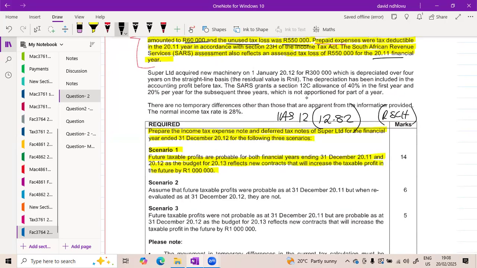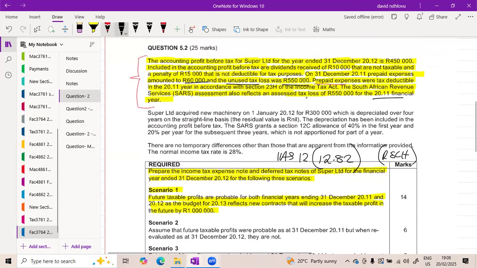So SARS is saying an assessed loss can be recognized as an asset only to the extent that future taxable profits will be available in the future, against which that particular loss will then be deducted. So you see in this example, we have said the taxable loss is an amount of 550,000.